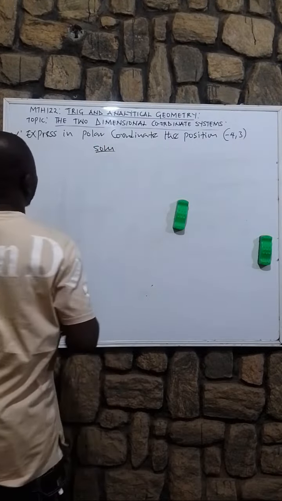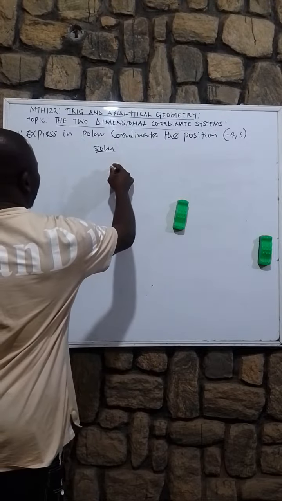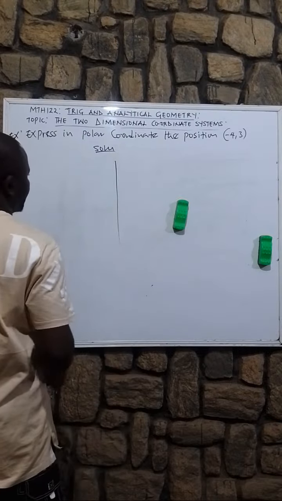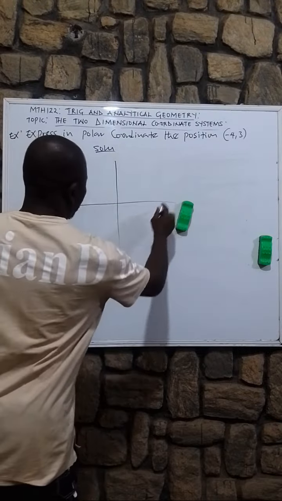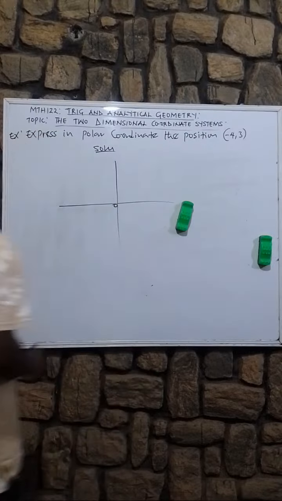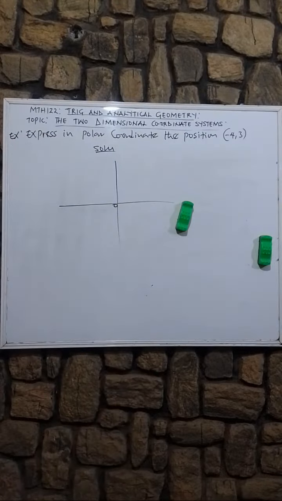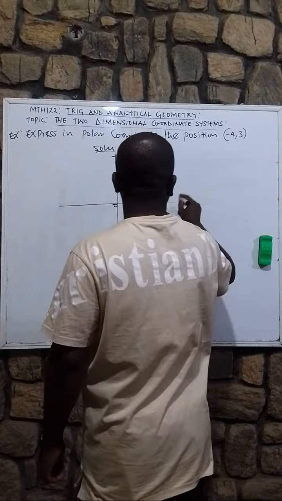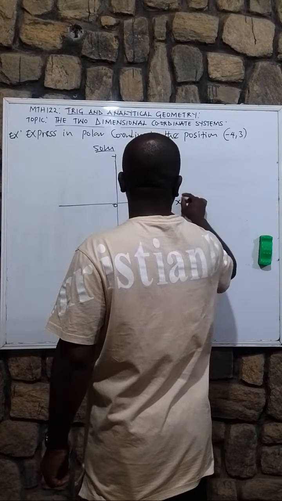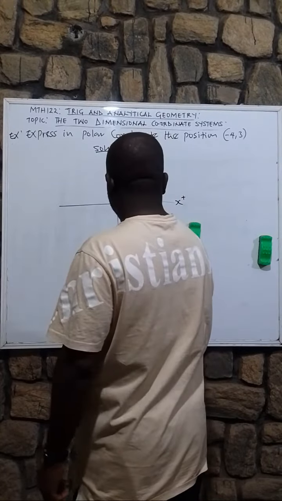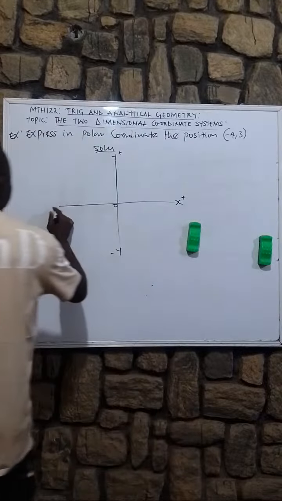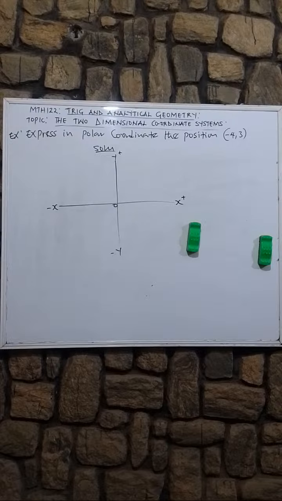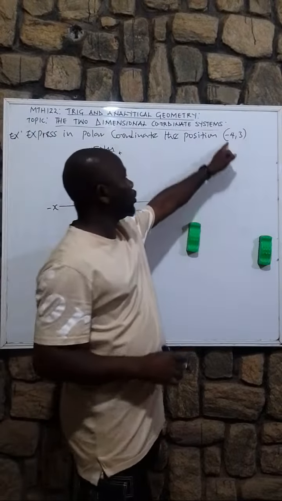Writing solution. Let us have a plane. This is the origin. You know very well that I told you guys that here is x plus, and here is minus x, true or false? So look at this position.